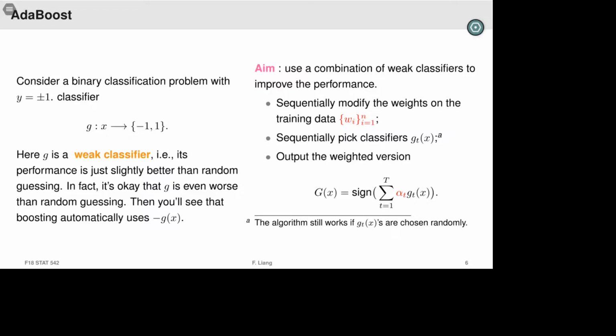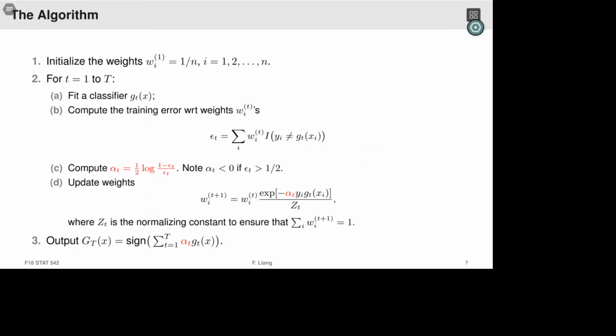And actually, we can just randomly pick one. And then we're going to iterate the first two steps. And at the end, we're going to output some weighted sum of those classifiers. And the alpha, I haven't told you how to define alpha yet, but this is the general framework. So two things we have to determine in our algorithm: how we do the reweighting and how we come up with the final weighting alpha on each classifier. Clear so far? Good.